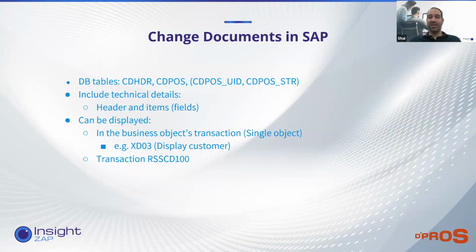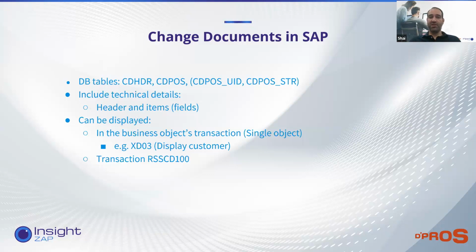How can we display those change documents? We have three options. The most trivial way is in the business object itself, when we enter the transaction of the business object. Like if we enter XD03 to display a customer, we have the option to display the changes of this single object right away.